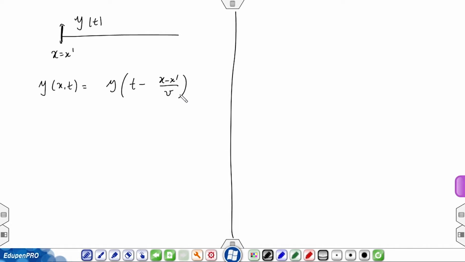I can also write this as equal to, and now I am developing a form which I will be using later, integration of y(t prime) delta function of t prime minus (t minus x prime over v) dt prime.